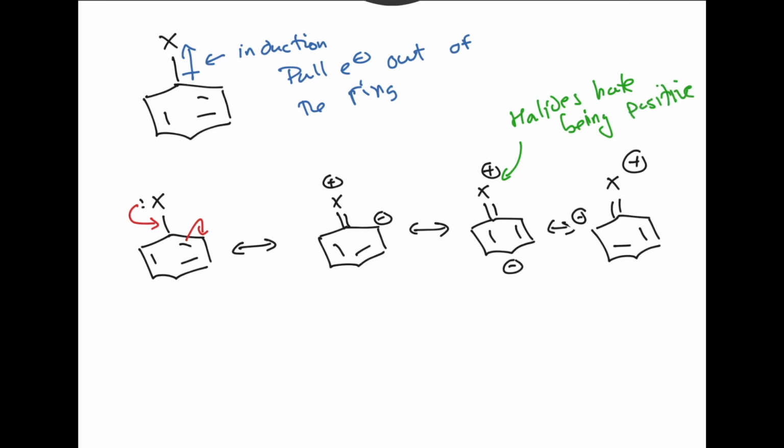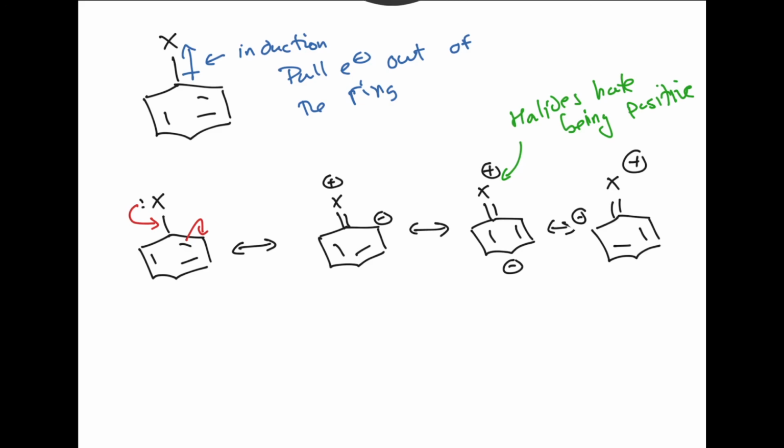halides hate being positive, right? Their whole shtick is I'm electronegative, I want electrons, right? The last thing they want to do is give electrons away and become positive, right?